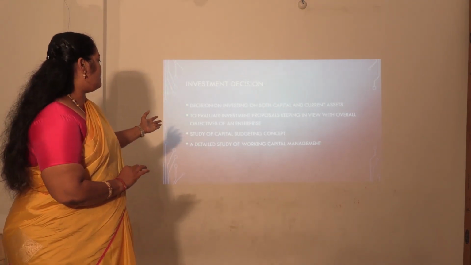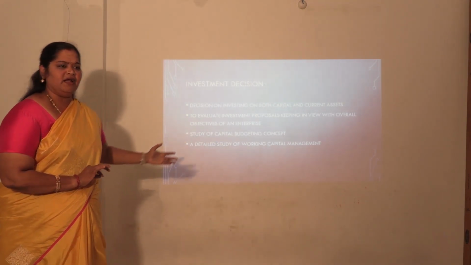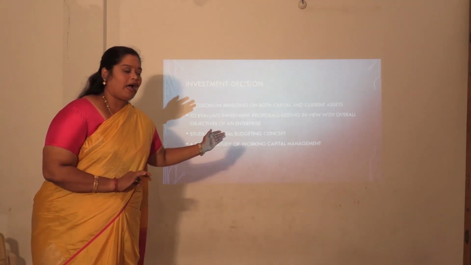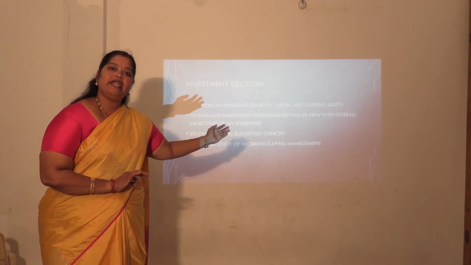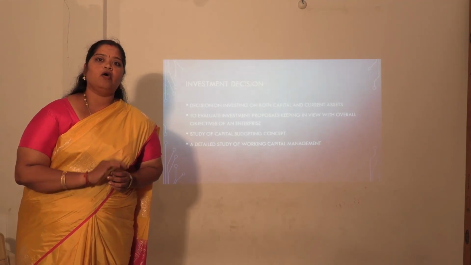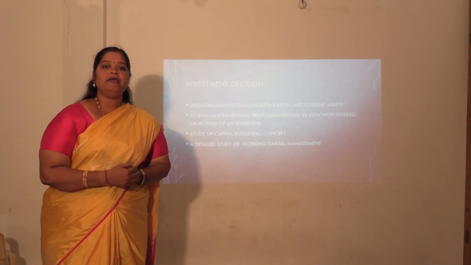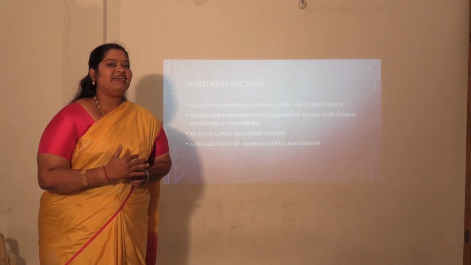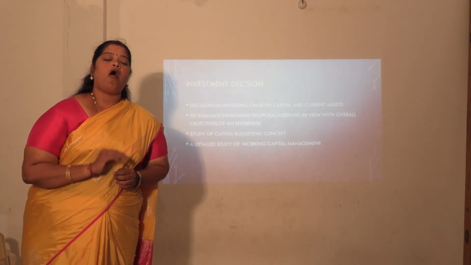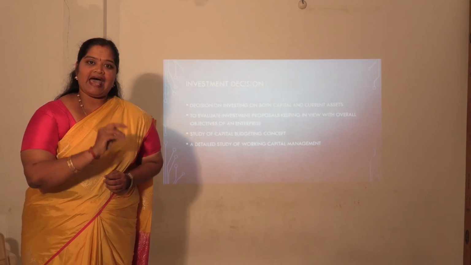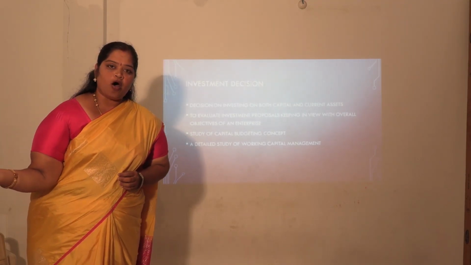Okay. The next one, a detailed study of working capital management. Definitely, right? Before I go with the detailed study of working capital management, let's move on to the operating cycle or business cycle. Could you please tell me what is the operating cycle or business cycle? Being commerce students, definitely we study this as a basic, right? So in the operating cycle, first cash will be converted into raw material.